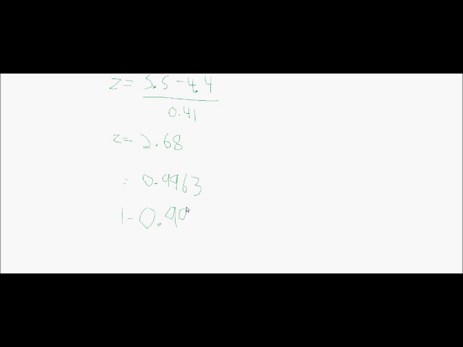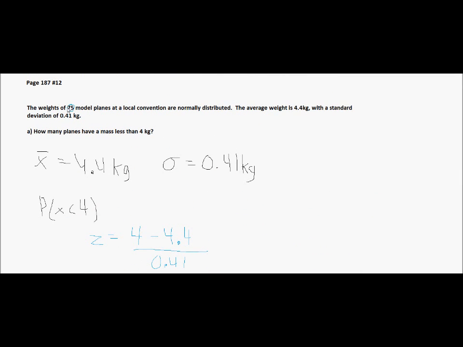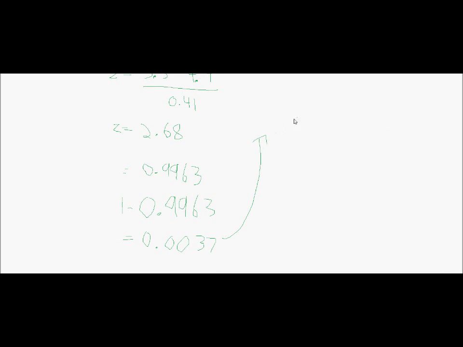Which equals 0.0037. And once again, since there are 75 model planes, we have to multiply our answer by 75, which means we get 0.0037 times 75, which equals 0.2775.